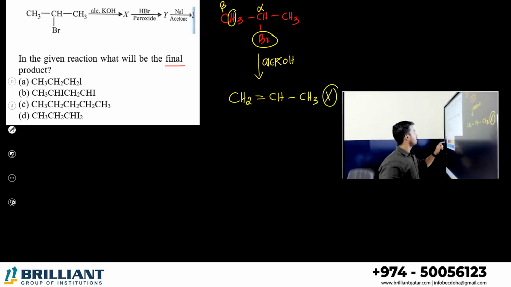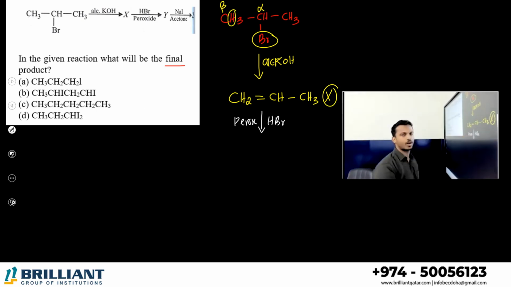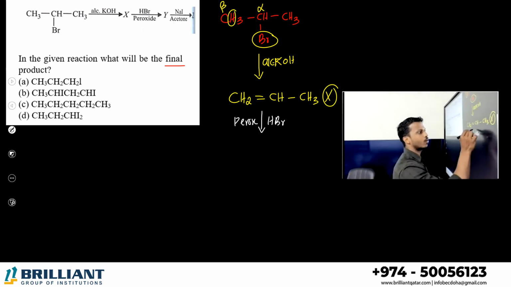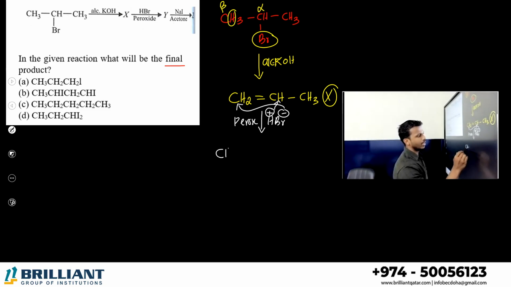This compound X we are going to treat with HBr in the presence of peroxide, which means anti-Markovnikov's rule. The negative part adds to the carbon containing the maximum number of hydrogens and the positive part to the carbon with fewer. So you get CH2Br, CH2, CH3, 1-bromopropane.